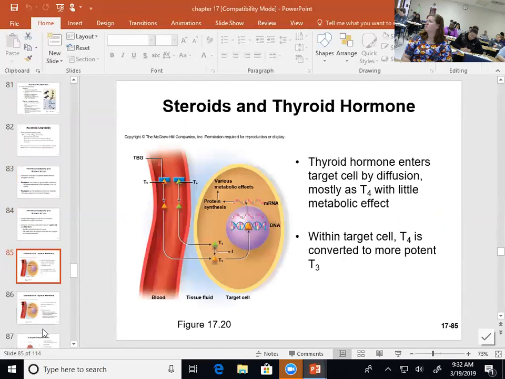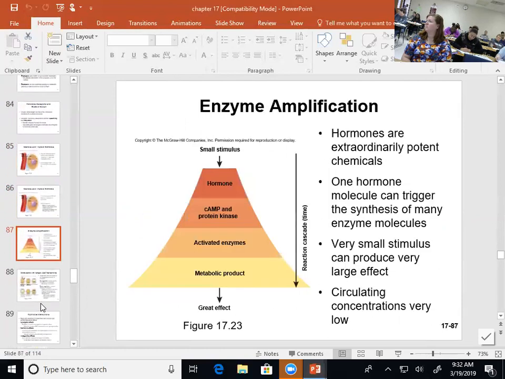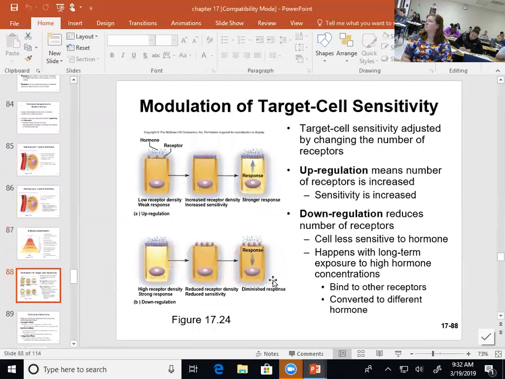We talked about upregulation and downregulation, did we not? I talked to you about upregulation and downregulation and how this needs to be balanced because of this negative feedback. So we talked about the idea that sometimes it's not just that you're not producing the hormone or you're producing too much of it. Sometimes it has nothing to do with that. It has to do with the target cell's receptor response.